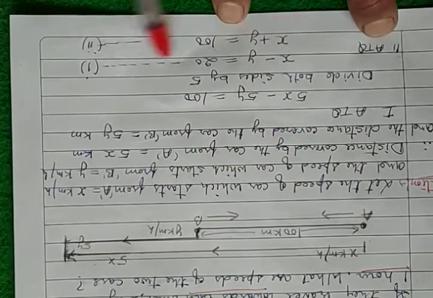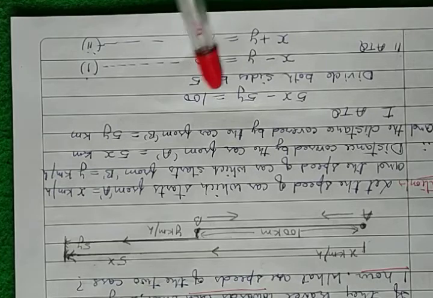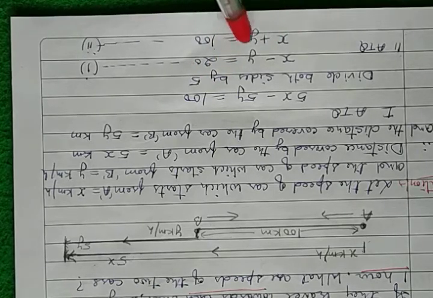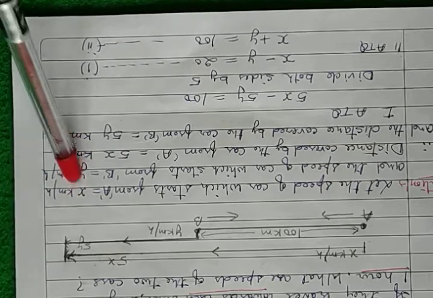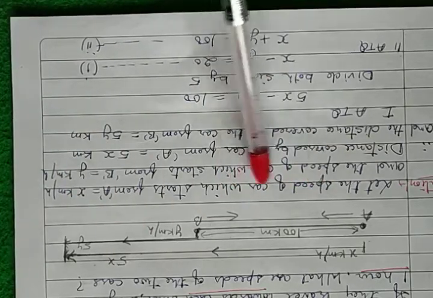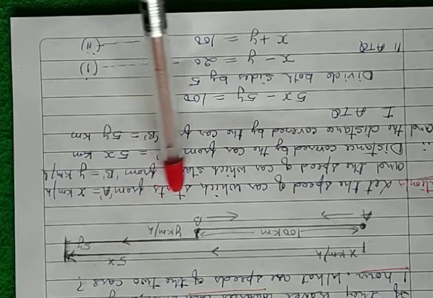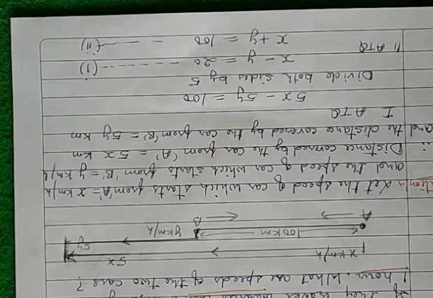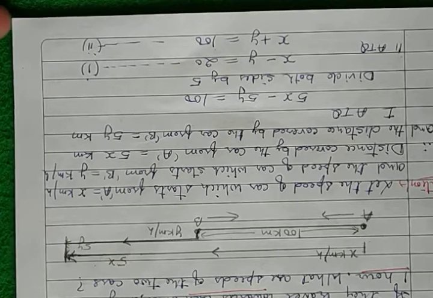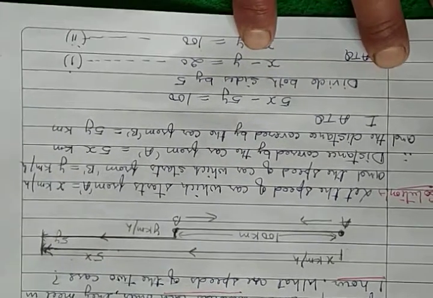So it is your equation number 2. Now you can use any method, then you will get the values of x and y. Put the values of x and y here and you will know the speeds of the cars which start from A and from B. Try it yourself and complete this.